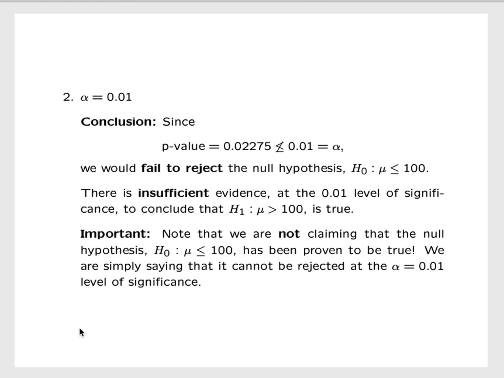Now, note that when we fail to reject the null hypothesis, we are not claiming that the null hypothesis has been proven to be true. We are simply saying that it cannot be rejected at the 0.01 level of significance.